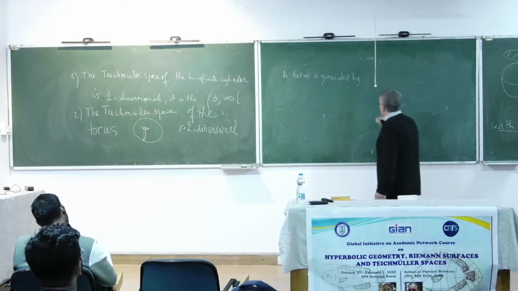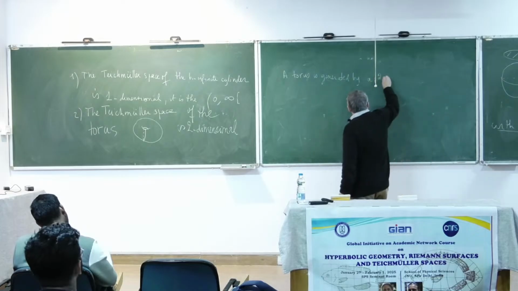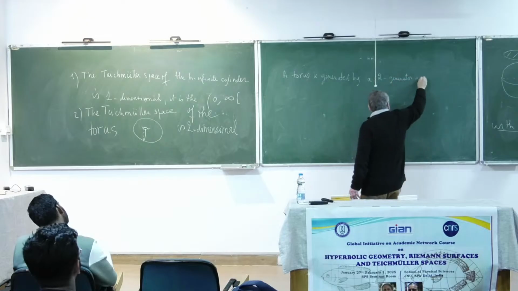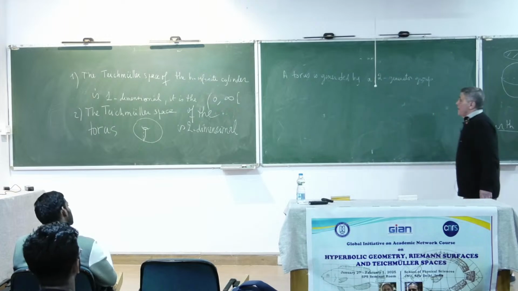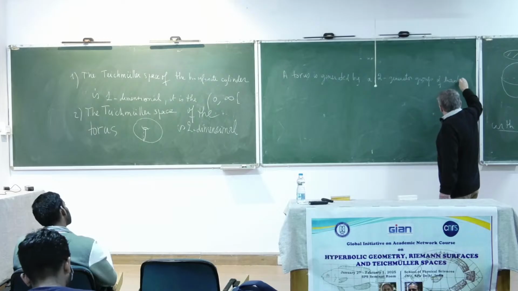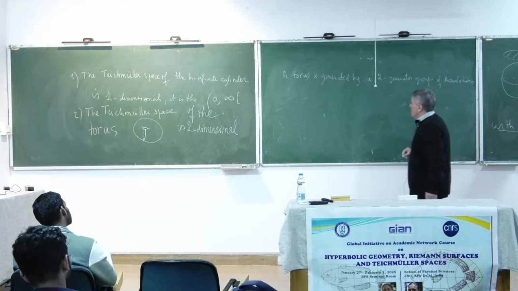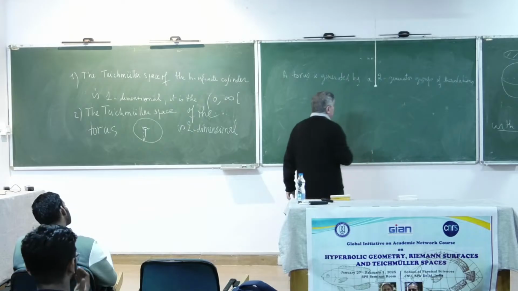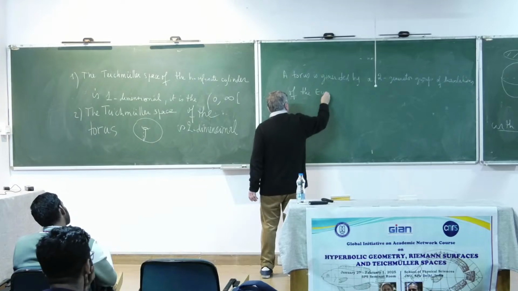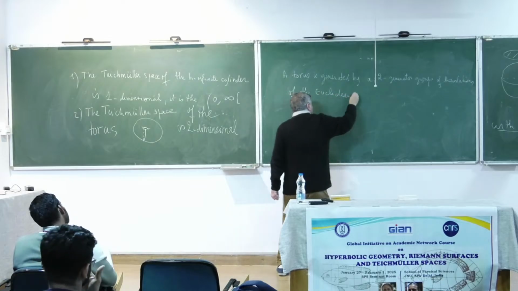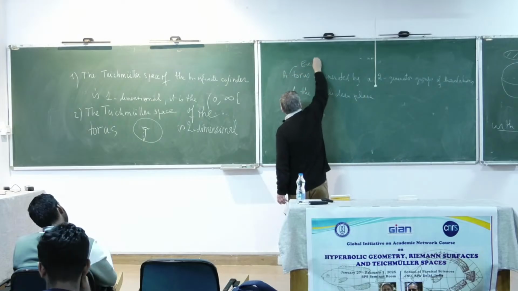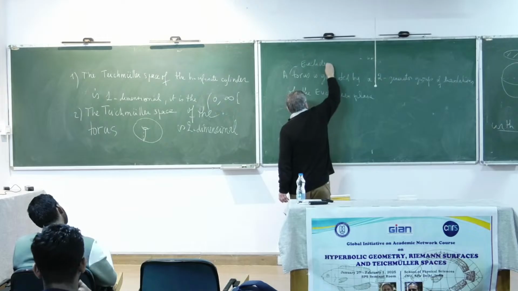It is generated by a two-generator group of translations, a group of translations of the Euclidean plane, and this is here a Euclidean torus. This is what you are interested in, a Euclidean torus.